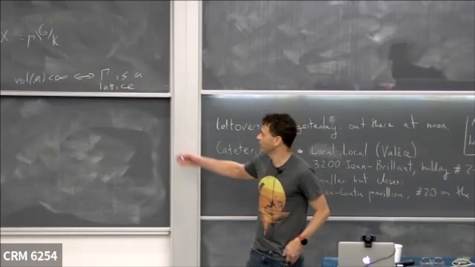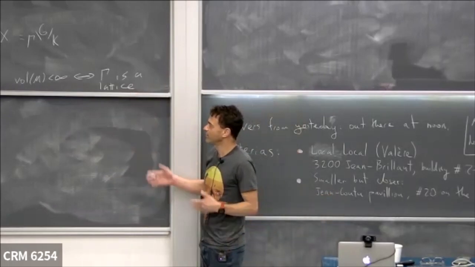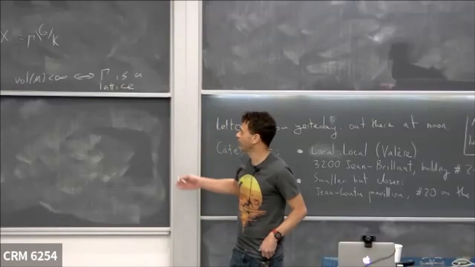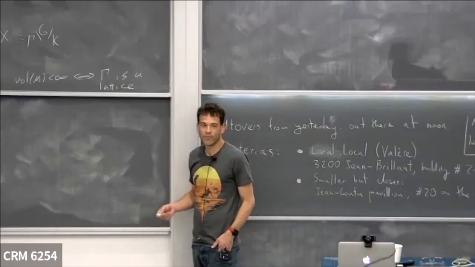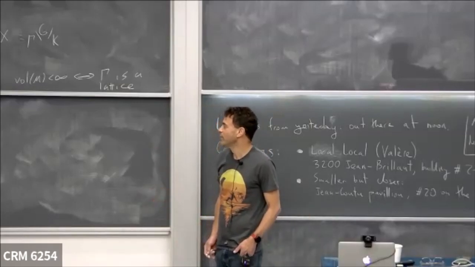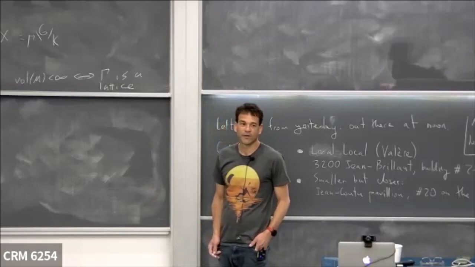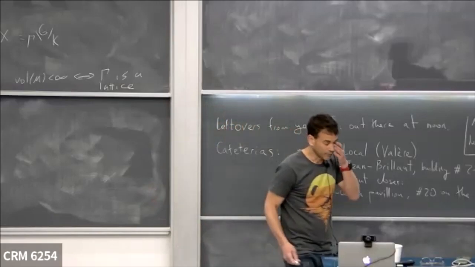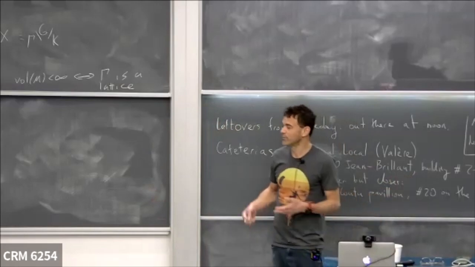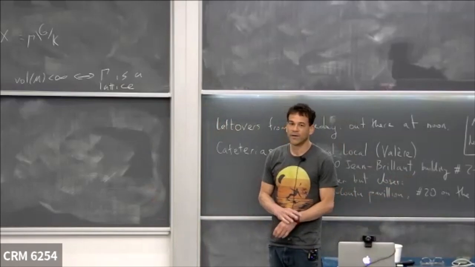While we understand lattices very well, and there are also many open questions, we know today almost nothing about what we call thin groups, like discrete subgroups of infinite covolume.